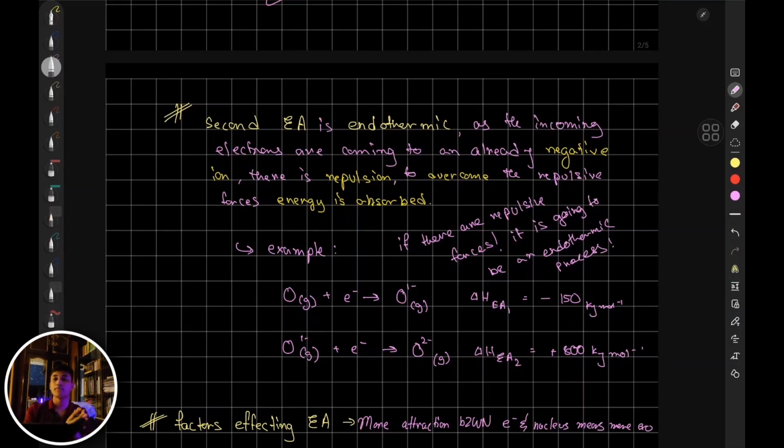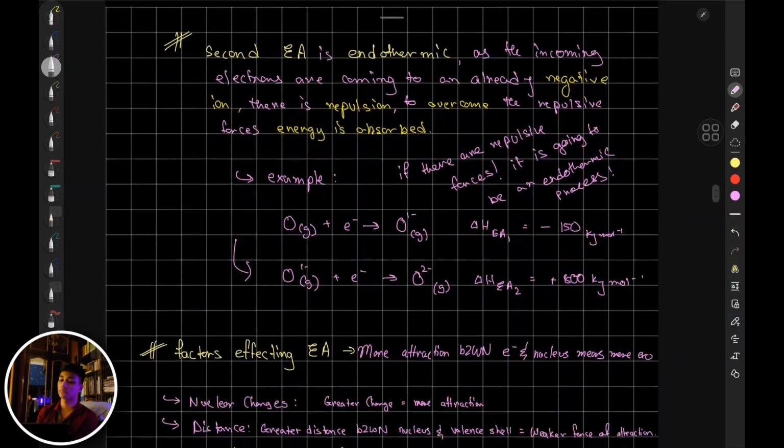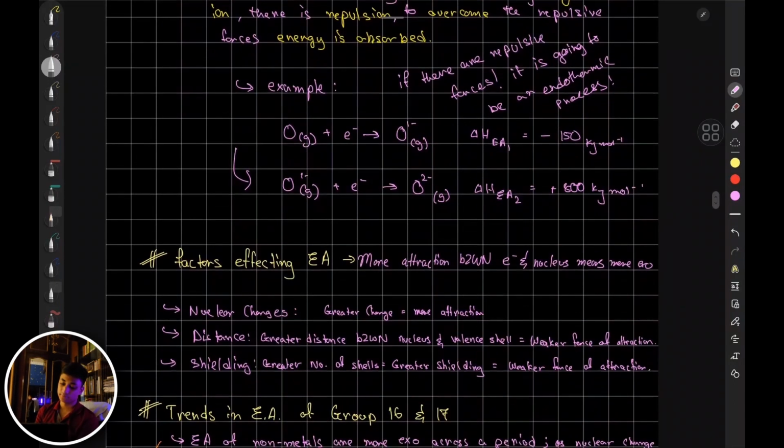Since for the successive electron affinities after the first one, there are repulsive forces, you have to overcome that, and to overcome that, you have to give in energy, where it becomes an endothermic process, which is why the successive electron affinities are going to be endothermic. Okay.